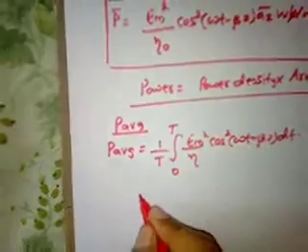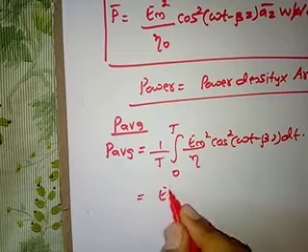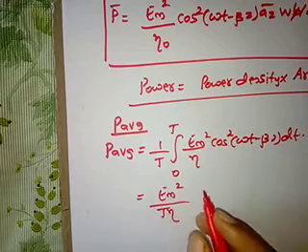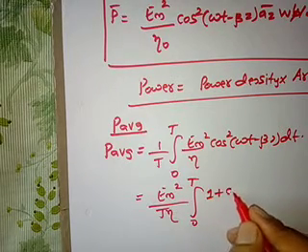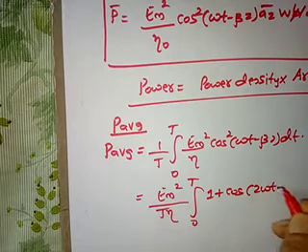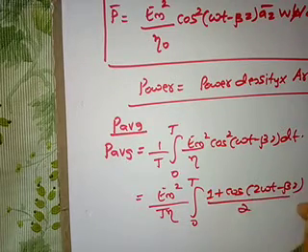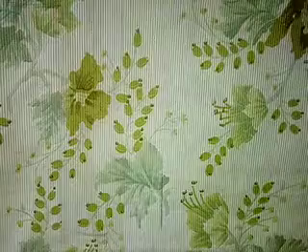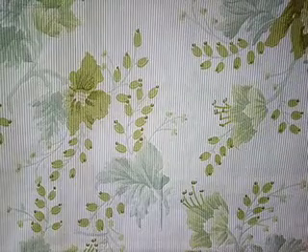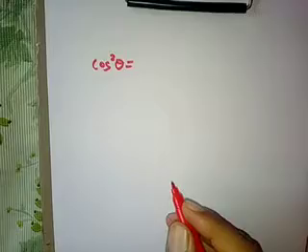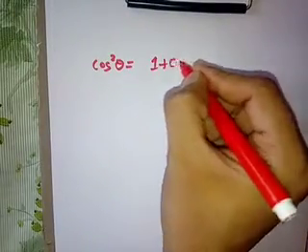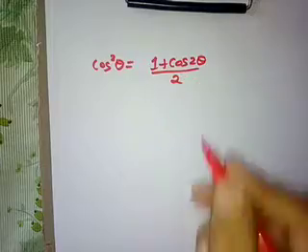So this will be equal to Em square by T eta, integral 0 to T of 1 plus cos of 2 omega t minus beta z divided by 2 into dt, right? Because the formula I have used is cos square theta is equal to 1 plus cos 2 theta by 2.